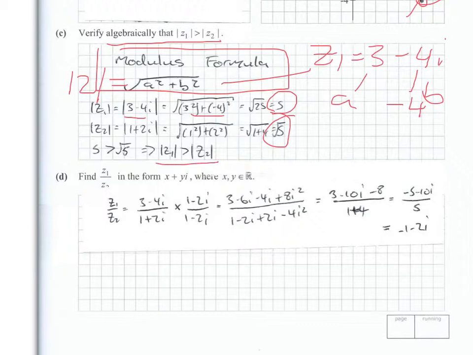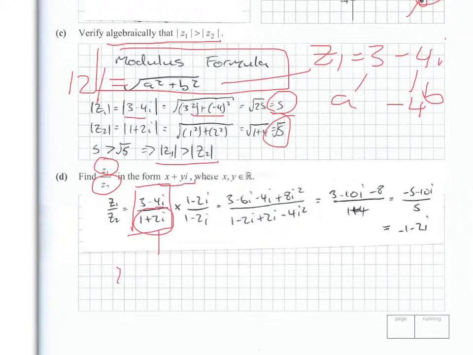Finally, you're asked to divide one complex number, Z1, by the other. So remember, you have to give your answer in the form of x plus yi. In some exams it's a plus bi, don't worry about that. But basically, to divide one by the other, you simply write the one over the other, then you look at the lower one, and you find the conjugate of that.